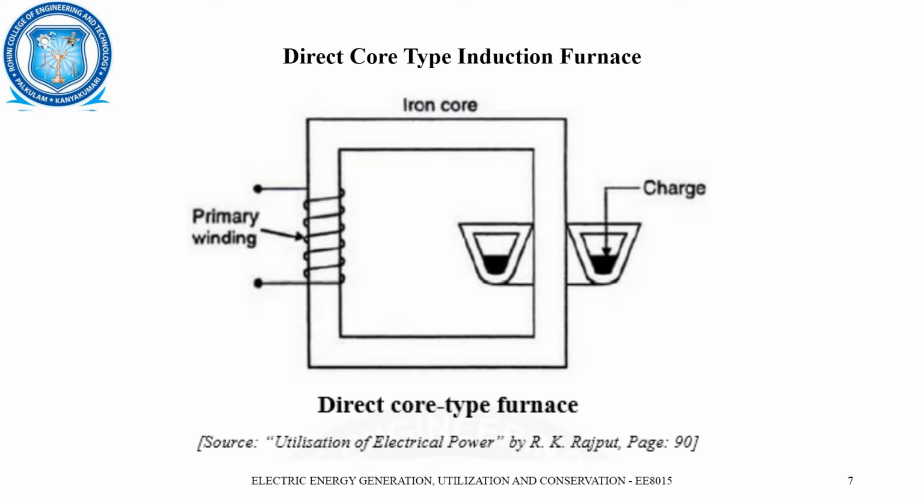We provide the supply, a current flows, flux is created, and when this flux passes through the iron core, there will be an opposing flux induced here. Due to that flux, current flows through the circuit, and this current increases the temperature of the charge and melts the charge required. This is direct core type.